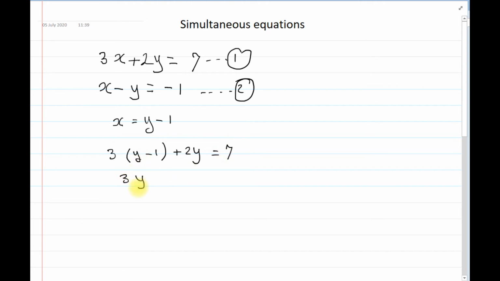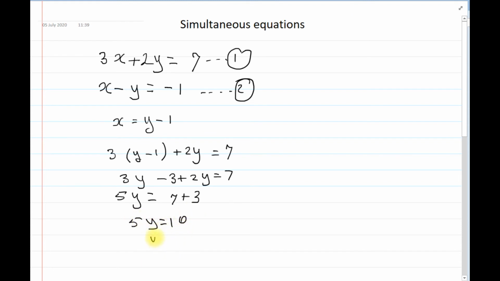Opening the bracket, that will be 3y minus 3 plus 2y equal to 7. 3y plus 2y makes it 5y. And I'll take the minus 3 to the other side, it becomes a plus 3. So I get finally 5y is equal to 10.